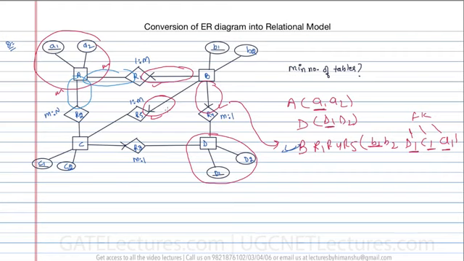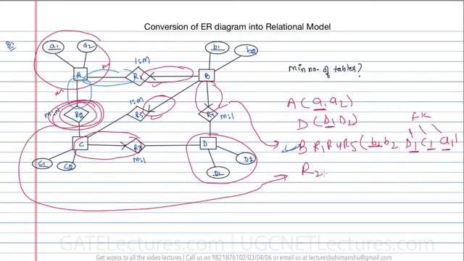Now if you discuss this C, there's something interesting with the C: C is only having the maximum cardinality as 1 in this direction, but with R2 it is not having the maximum cardinality as 1. Therefore for this R2, because it is many to many, we have to create a relation containing A1 and C1.